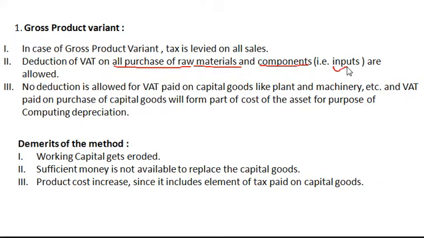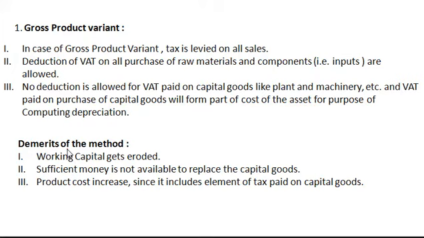Normally we call it as an input. Credit will be allowed while making payment of VAT, but VAT credit on payment of capital goods, that is called plant and machinery, is not allowed in gross product variant, and therefore VAT paid on purchase of plant and machinery will be added in cost of the asset for the purpose of depreciation.